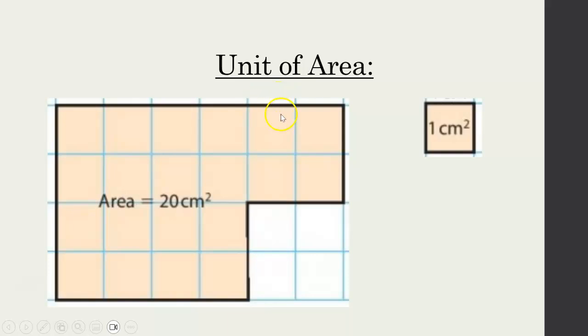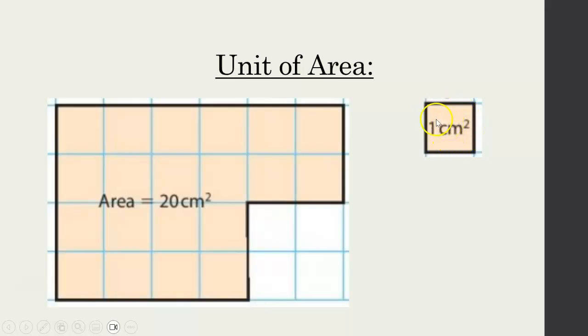Very simply, when we're trying to find the area of something, we break it up into little squares. See the way I have a square here, and a square here, and a square here on the grid. Each of those squares is 1 centimeter length. So this line here is 1 centimeter, 1 centimeter, 1 centimeter. So it's a square with side 1 centimeter, so 1 centimeter squared would be the area inside of it.